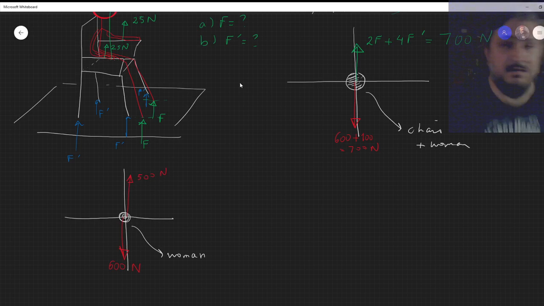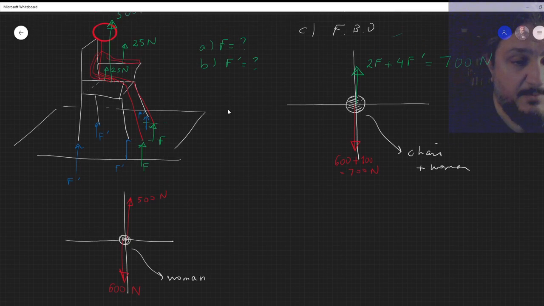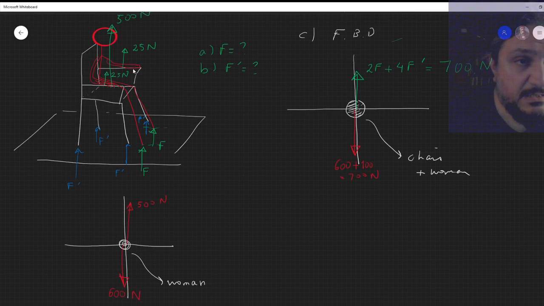And the armrests exert an upward force of 25. Now I took this to be separate, so if we stick with that, we have 25 here, 25 there. They add up to give me what? 50 newtons from the armrest, right?